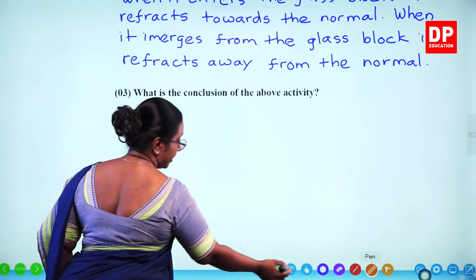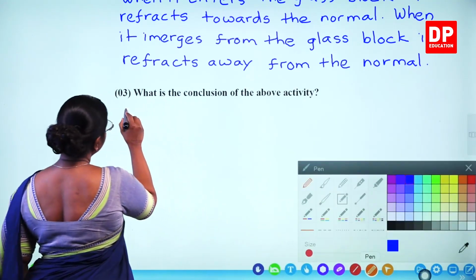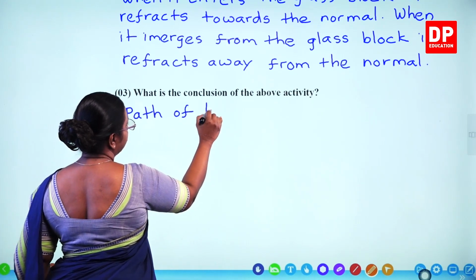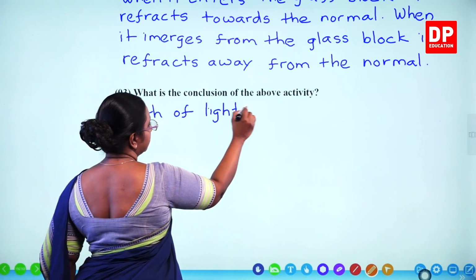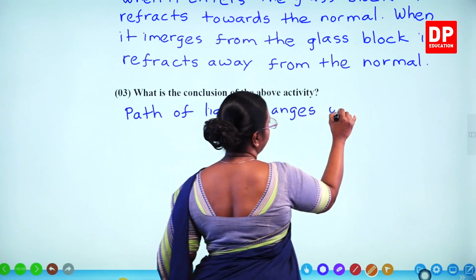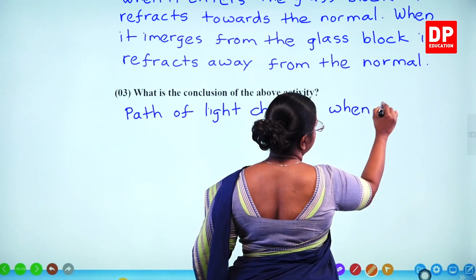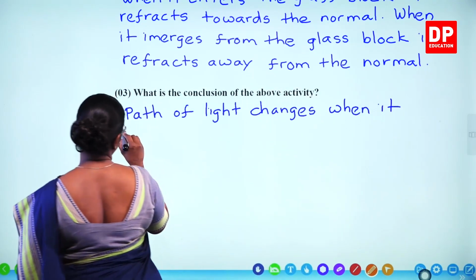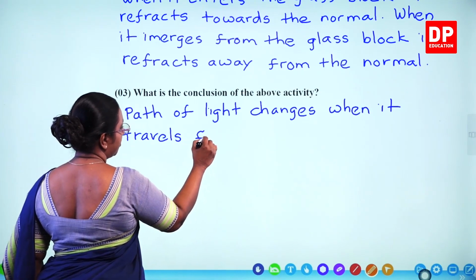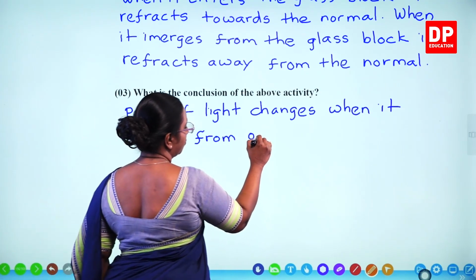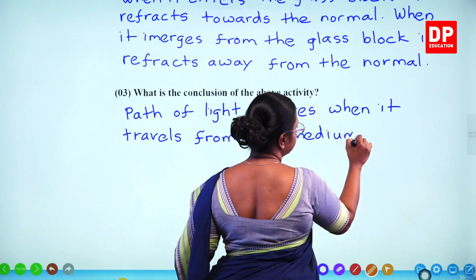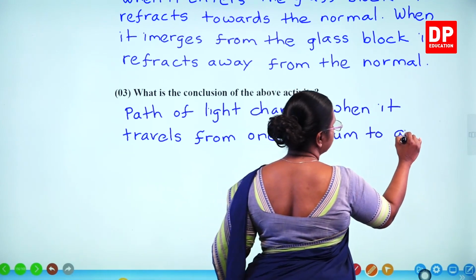So we can say the path of light changes when it travels from one medium to another.